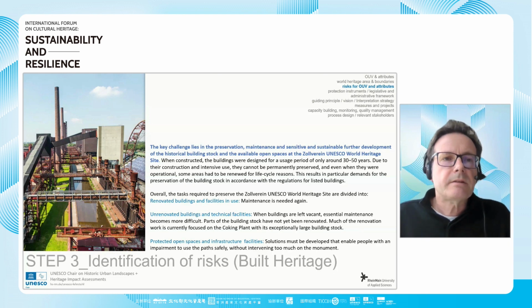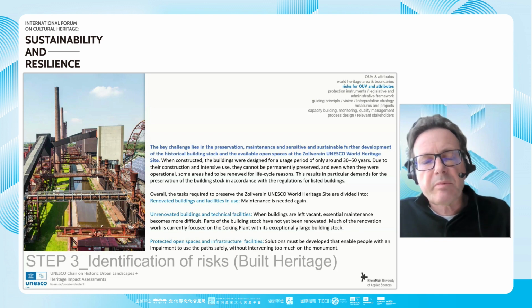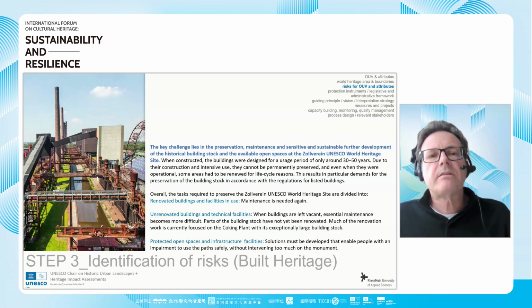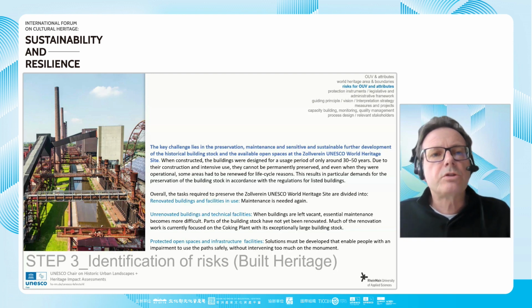I've explained that the coking plant has not even been started, or only partly. So that is still a large issue to come. Also, a lot of buildings were restored 20 years ago, but now they need re-maintenance, and of course money has to come for it. So already preserving built heritage is a huge task.